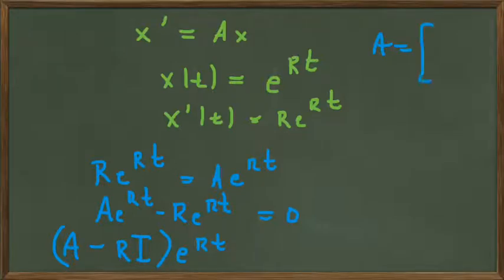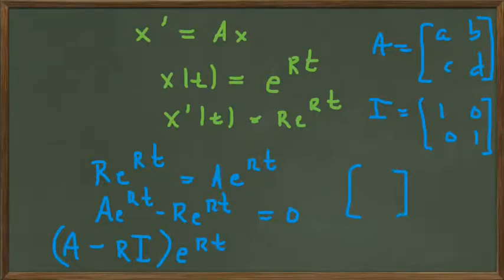So let's see what that means off to the side here. If A is a matrix of constants a, b, c, d, I stands for the identity matrix, the multiplicative identity. It's a matrix such that when you multiply it by any other matrix, it results in the same thing. We can see this: a, b, c, d times 1, 0, 0, 1.